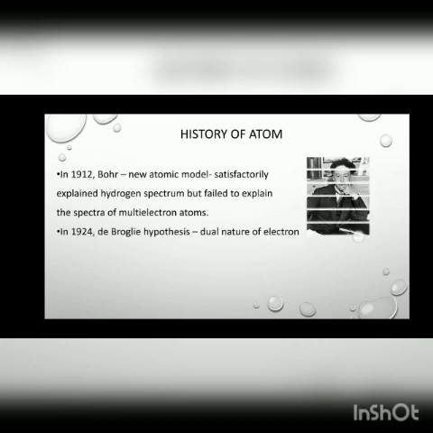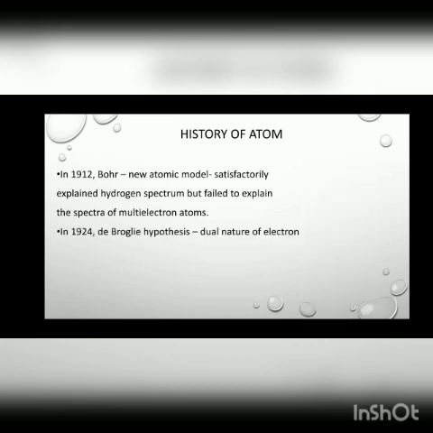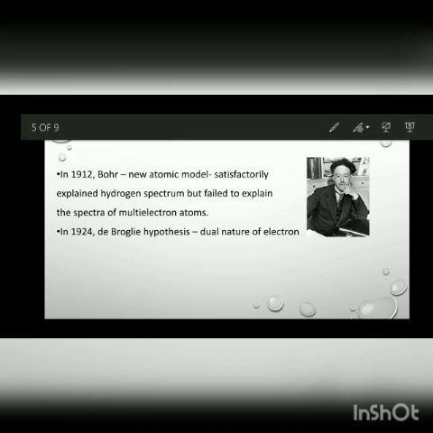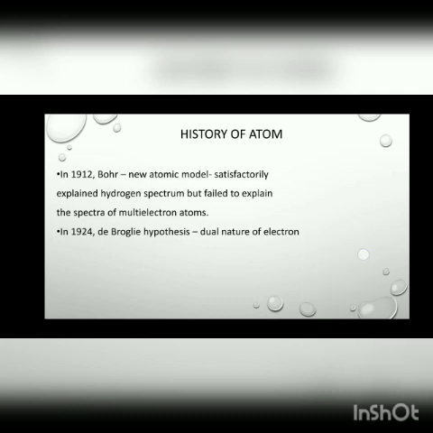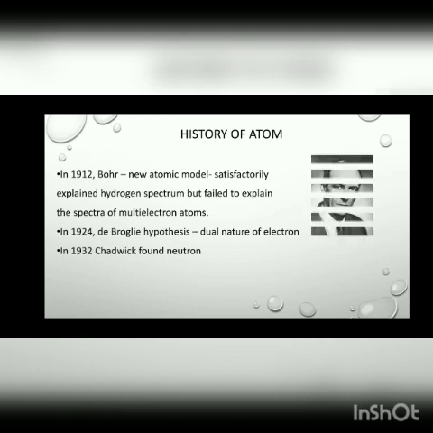Later, in 1924, de Broglie suggested a hypothesis which emphasized the dual nature of the electron. According to the de Broglie hypothesis, the electron has both wave nature and particle nature. We learned about this in our previous lesson, dual nature of radiation and matter. In 1932, Chadwick found the neutron. So this was the history of the atom.